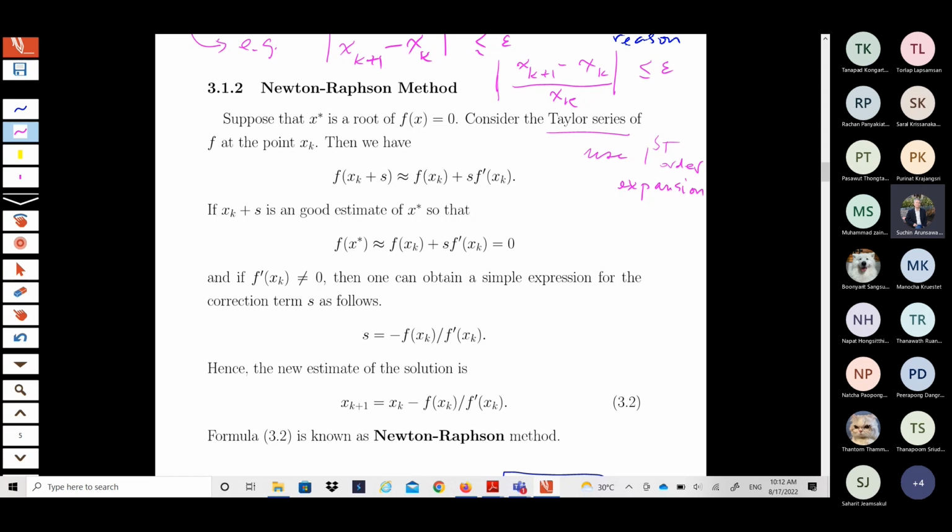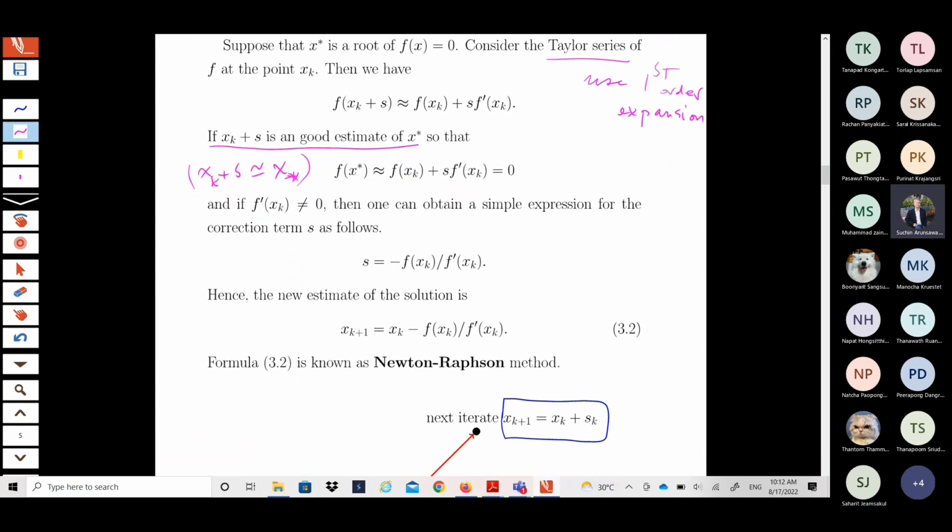That means f(xk plus s) is approximately equal to f(x star), so f(xk plus s) in the above expression can be set to 0.